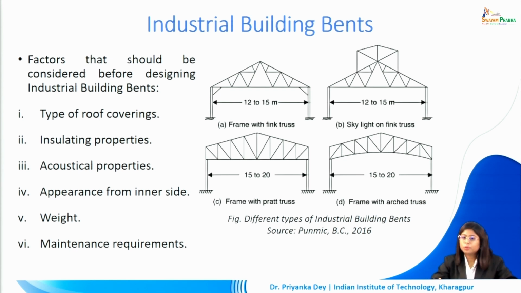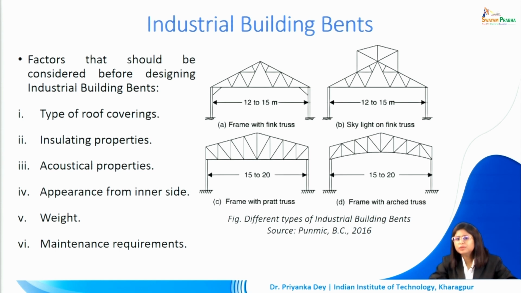The insulation properties which are required, the acoustical properties, most of the industrial areas are also going to be a source of a significant amount of noise. The appearance that we choose to have from the inner side, from the internal space point of view, the overall weight and the maintenance requirements.